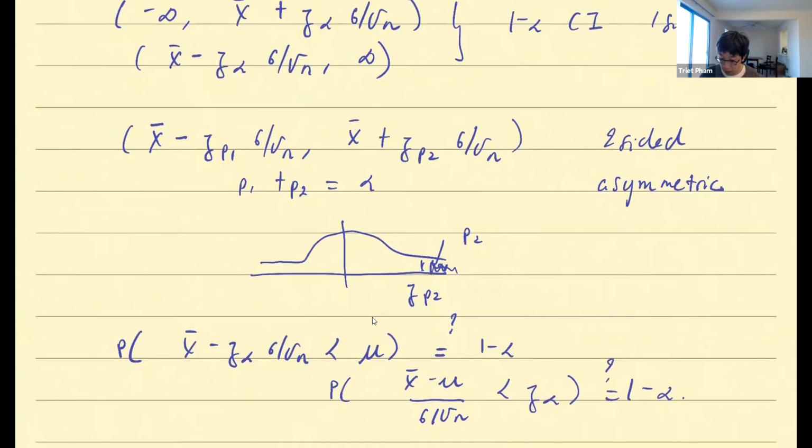But do you see that this is obvious now? I claim that this is obvious. Why? What is this random variable? Correct. So this is standard normal. And exactly, this is the picture where this is alpha, so this is 1 minus alpha. Is that clear? Same goes with this and this.